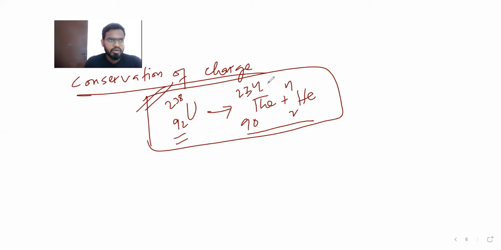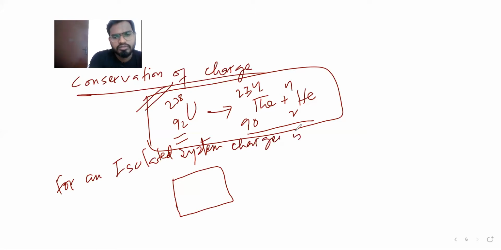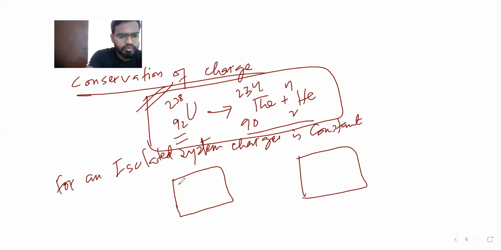Now let's take an example. Suppose for an isolated system, charge is constant. 3 coulomb, minus 1 coulomb, plus 2 coulomb, equals 4 coulomb, minus 2 coulomb, plus x.